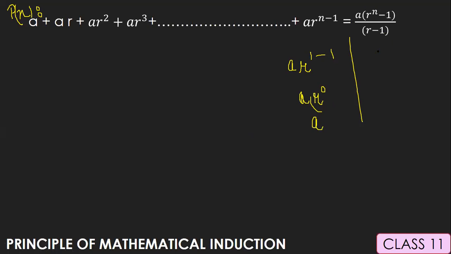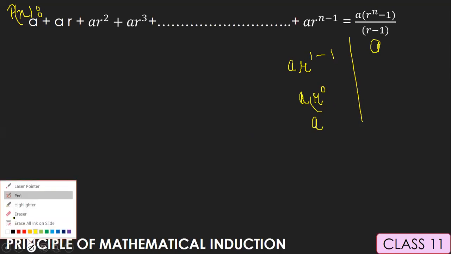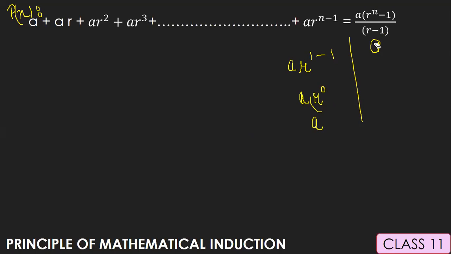Now in the RHS side, a into r raised to power 1 minus 1, divided by r minus 1.